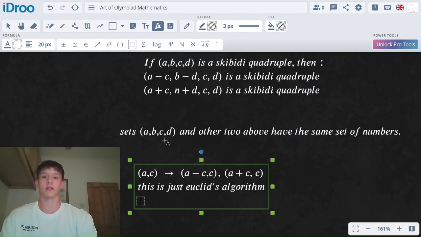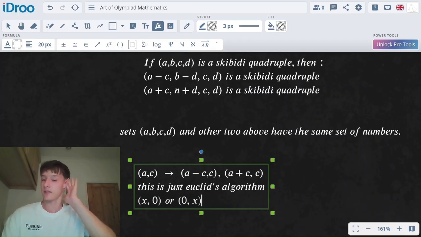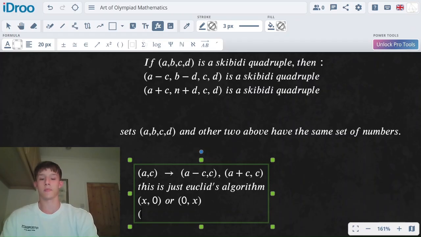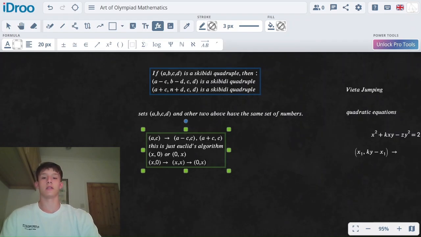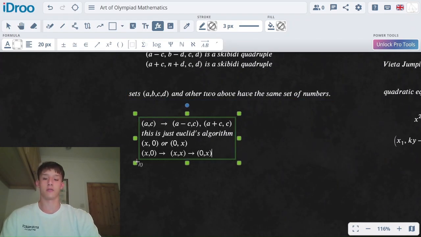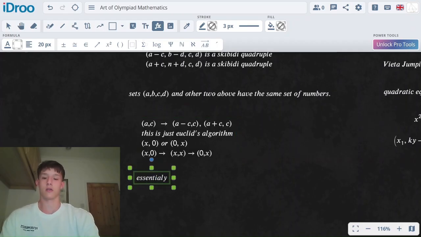At the end of the Euclidean algorithm, you always get something like D, 0 or 0, D, where D is the GCD, but we already have D here, so let's just use X. So X, 0 or 0, X. Because of the A plus C, C condition, even if we get X, 0, we can go from here to X, X, and then to 0, X. So at the end of the day, we can achieve that A is 0, so we can assume A is 0.